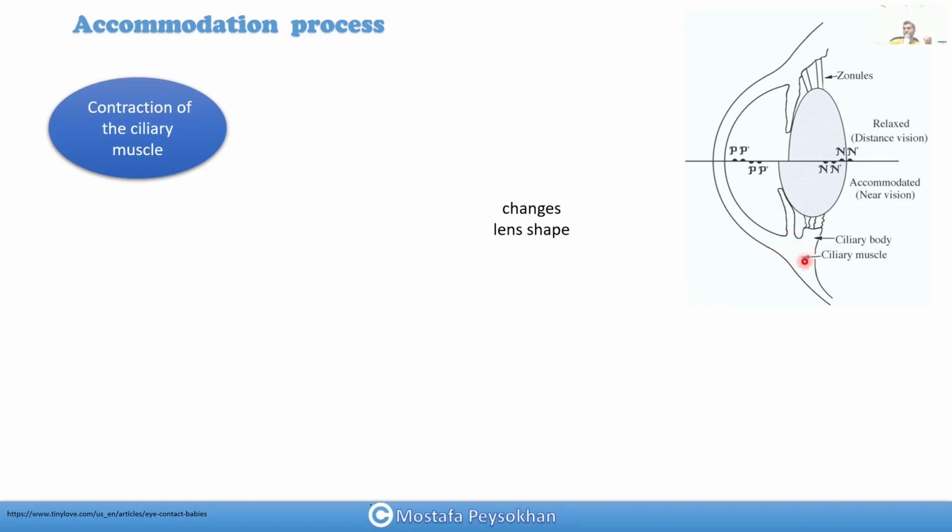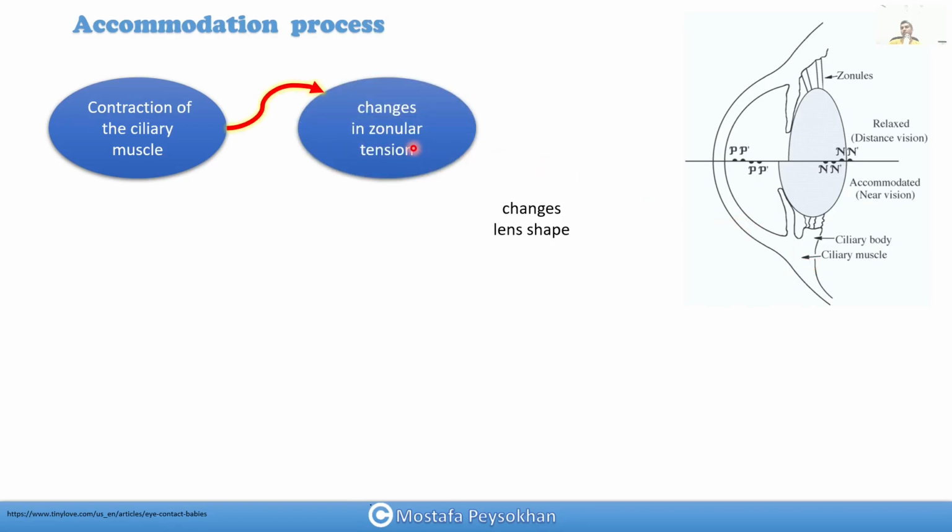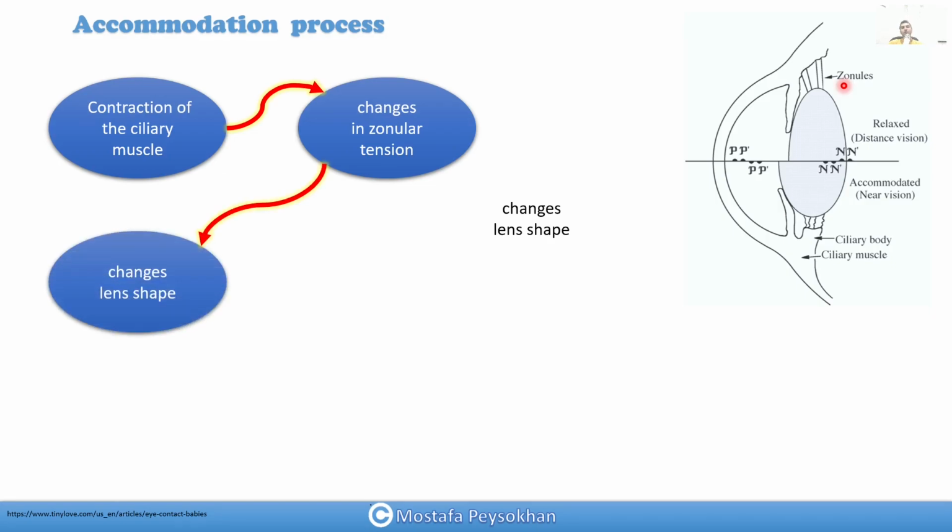Those ciliary muscles get contracted. That causes a change in zonular tension, those lines around the lens, and that change in tension causes a change in lens shape.